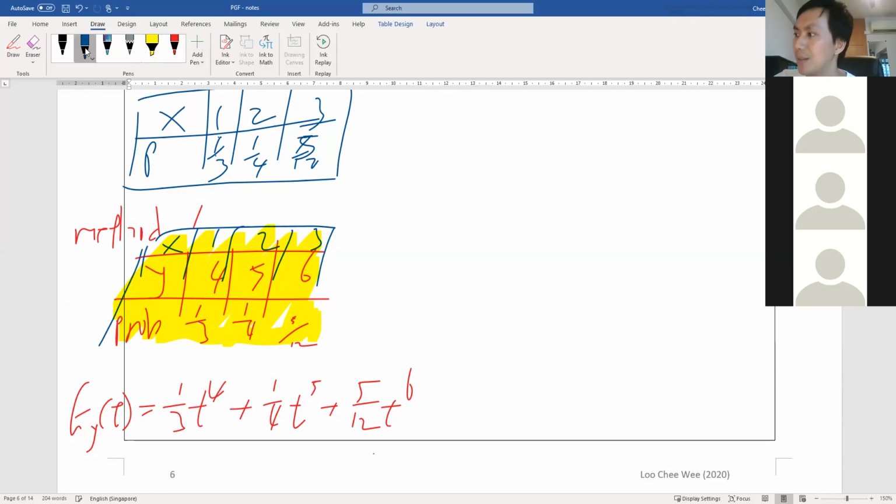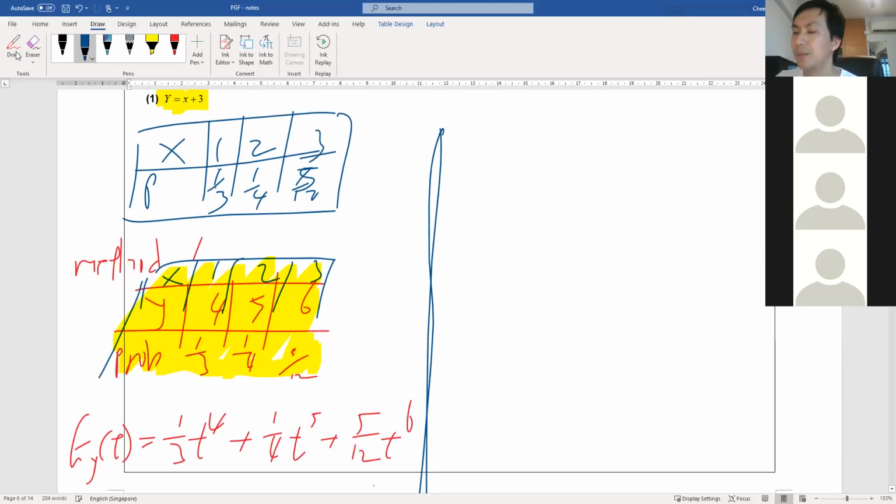What is the second method? The second method is to work from the definition of a PGF. So we may just give you the polynomial for a PGF right away. So we may say G_X.